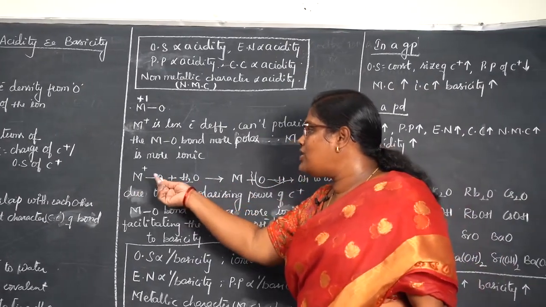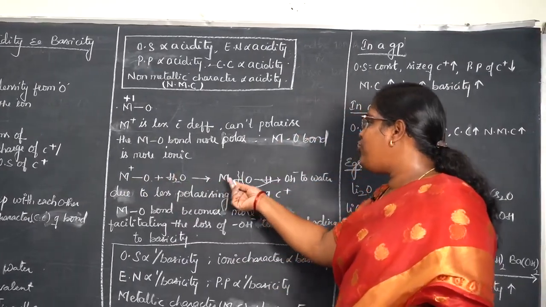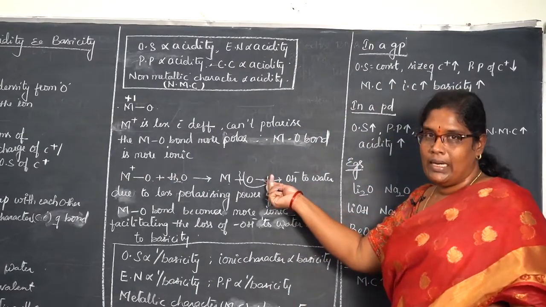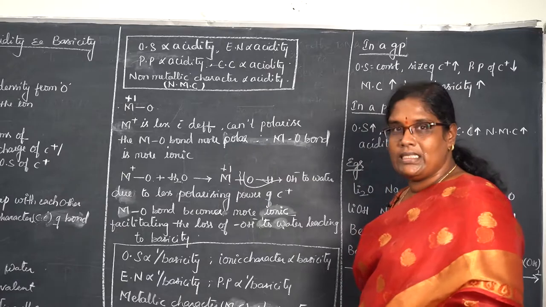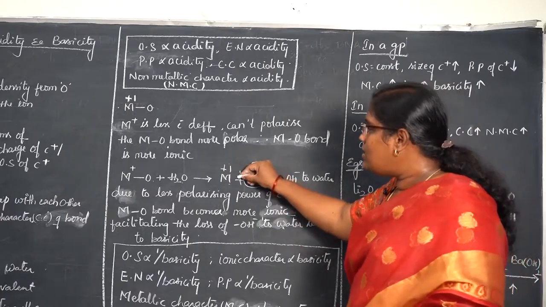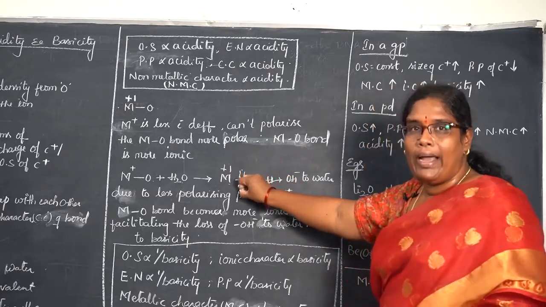When we dissolve this oxide in water, it forms the respective hydroxide. And since the polarizing power of the cation is less, the metal oxygen bond becomes more ionic.